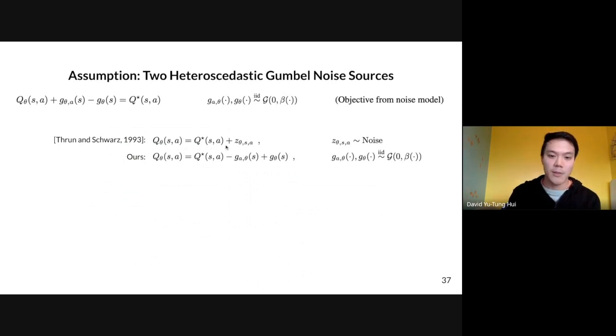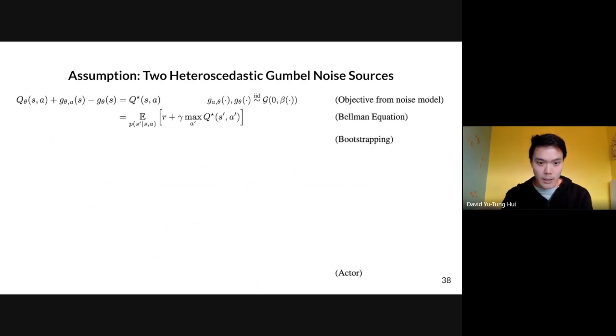If you think about the optimal Q function Q star, and your neural network Q theta, what's happening is that every time you have a new set of parameters, a state and action, your Q is going to be a noisy approximation of your optimal Q function Q star, related by some arbitrary noise distribution. The authors of that paper didn't really quantify what that distribution was, but they had some evidence to show that there was some noise. And really, our contribution is to argue that this noise term is comprised of these two heteroscedastic Gumbel noise sources.